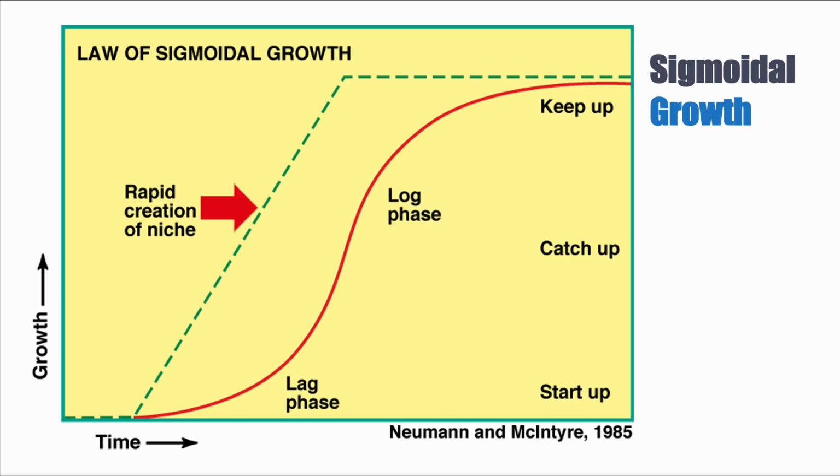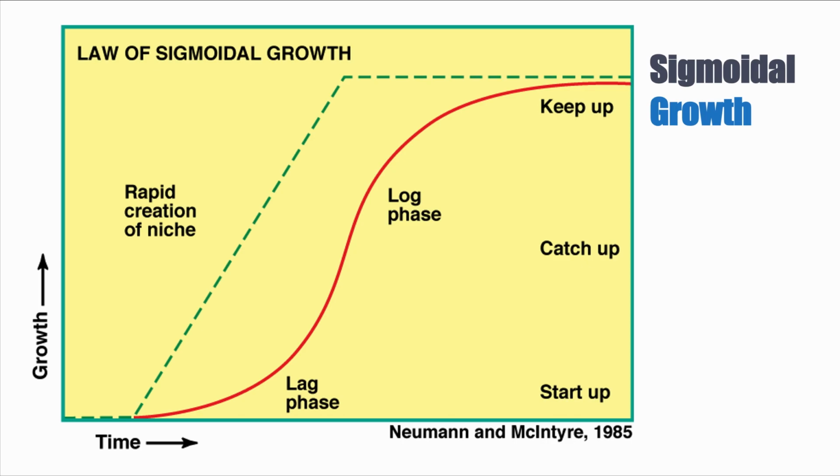Now this niche in the context of carbonates represents the shallow water tropical ocean. And the creation of the niche during sea level rise is relatively rapid because you have a shallow water carbonate system that is exposed and then reflooded, so you create a lot of shallow water tropical conditions which are ideal for carbonates.